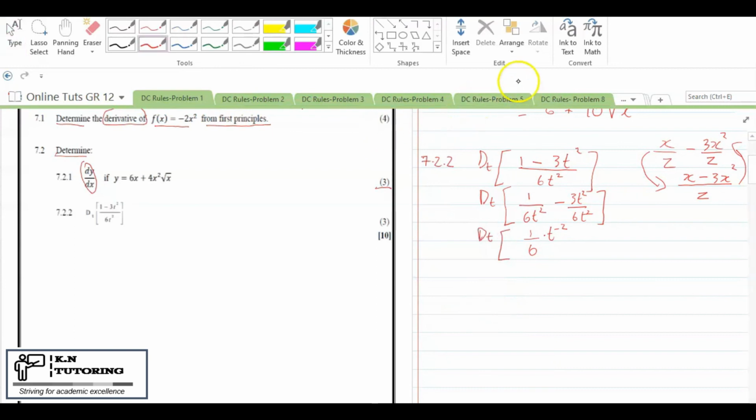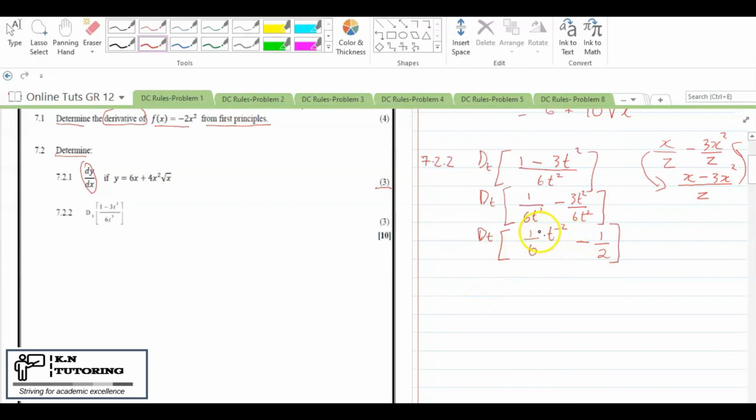Okay, so this is what I did there. Now I'll be left with minus 3 divided by 6. What is 3 divided by 6? 3 divided by 6 is the same as 1 over 2. t squared will cancel t squared, so I'll only be left with 1 over 2. So that has been simplified.